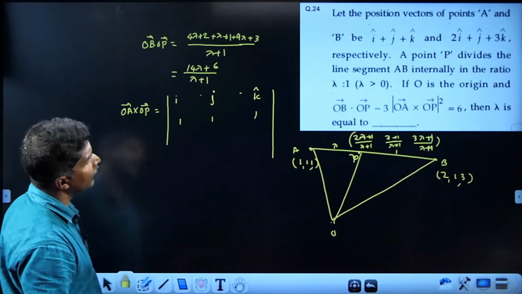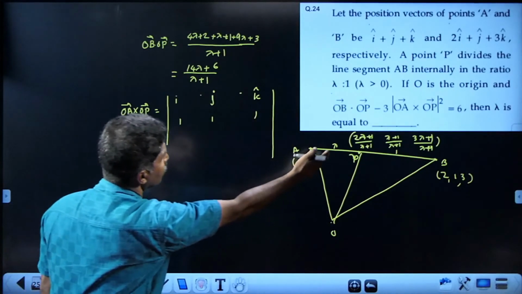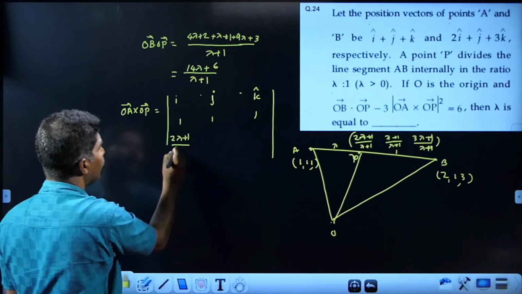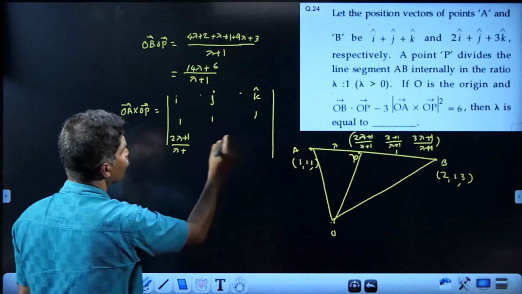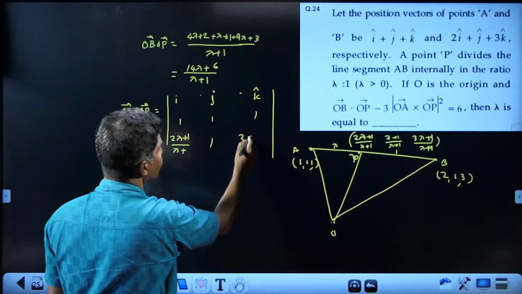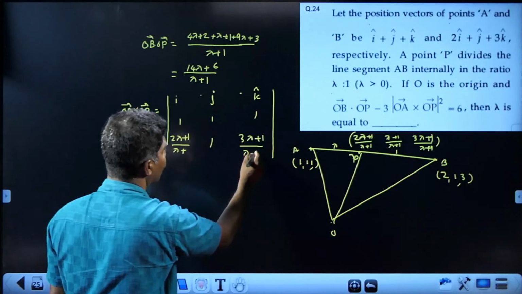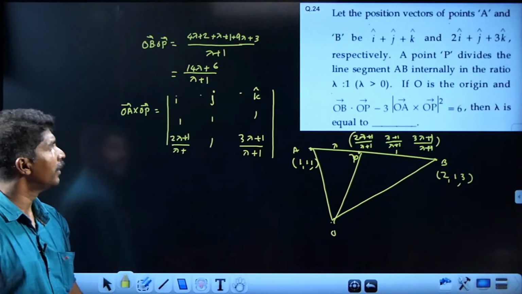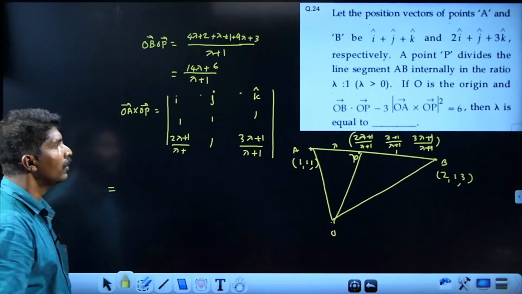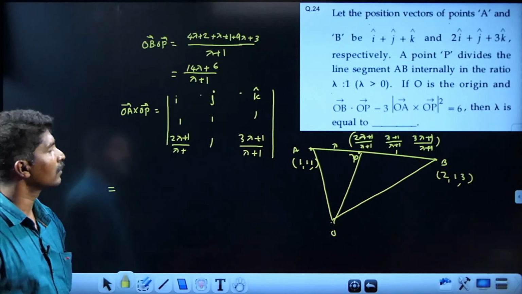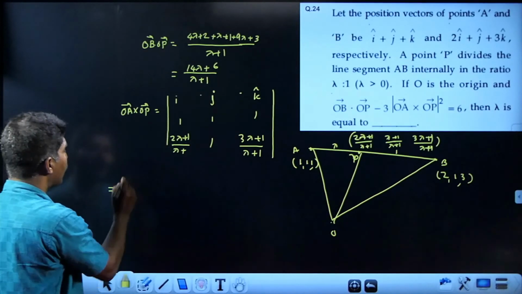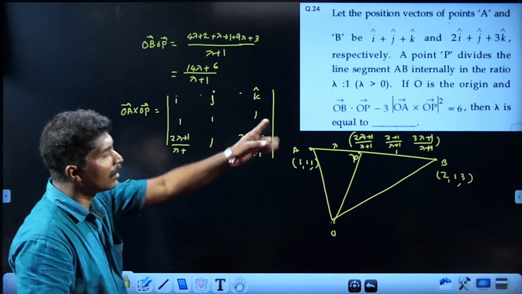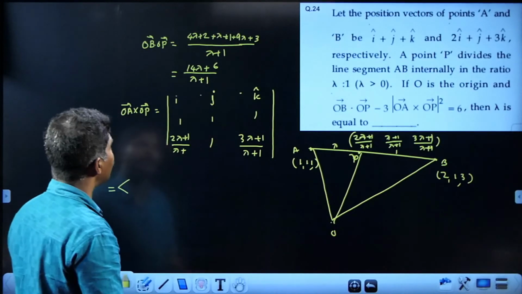And next one is OP, which you have written here: 2 lambda plus 1 divided by lambda plus 1, and here it is, of course, 1, and 3 lambda plus 1 divided by lambda plus 1. I do not think it is fair to ask this kind of question in an entrance paper. Anyway, you need only the direction ratios because you have to take the modulus square. So we are going to write the direction ratios only.